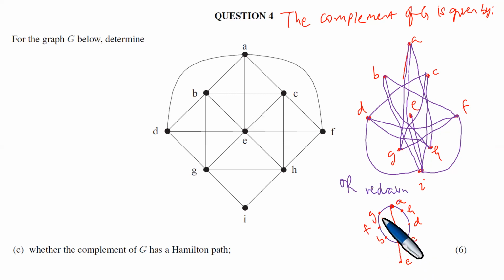So we draw, for instance, G C, right, B H, F D, G C we've drawn, and then we draw F I, and then we draw I D. Okay, see what is then missing there. Whether the complement of G has a Hamilton path.